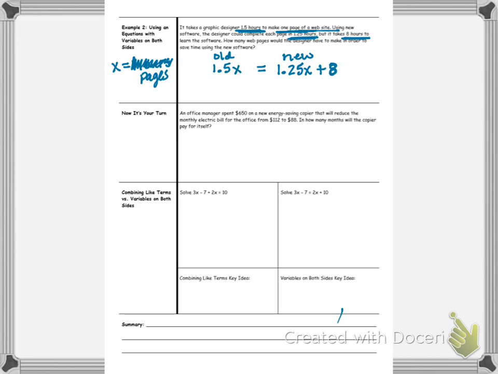That means that if I were to move the 1.5x to the right side of the equal sign, 0 would be left on the left. That's the only thing that would be there, and I would ultimately have to move something over. So when you get this type of setup, you know that your variable has to be moved to the right because it's the only thing that makes sense. So I'm going to move this over.